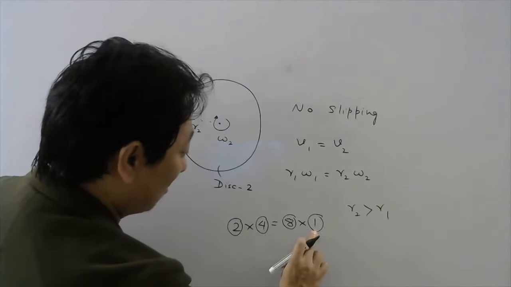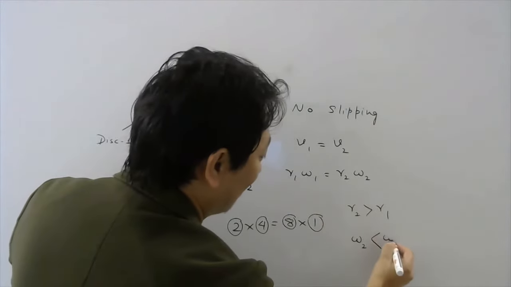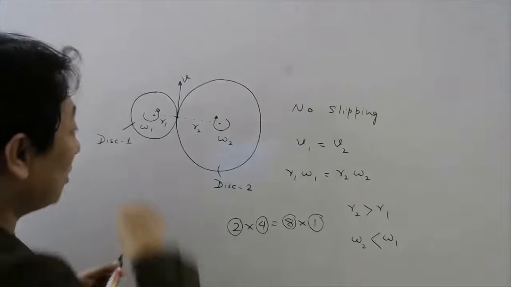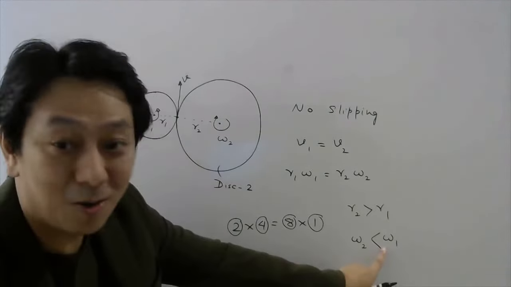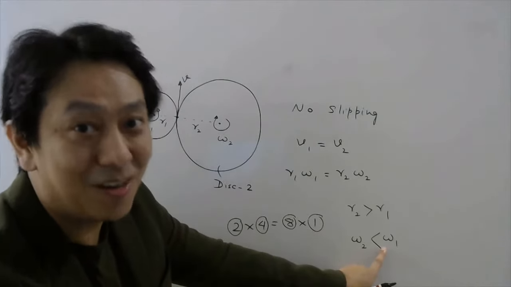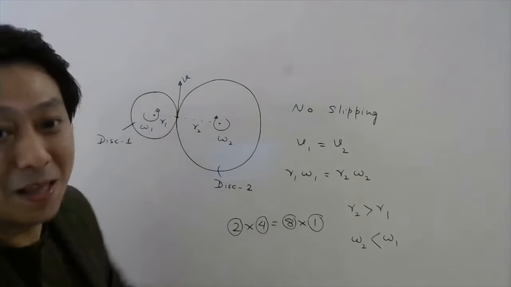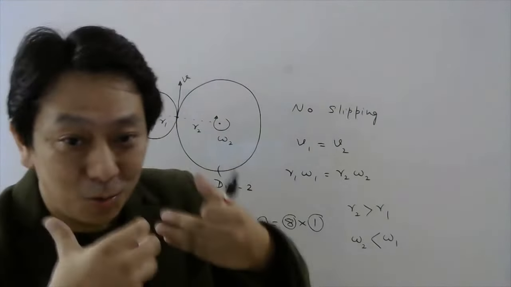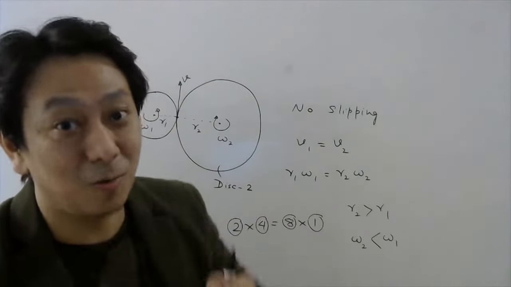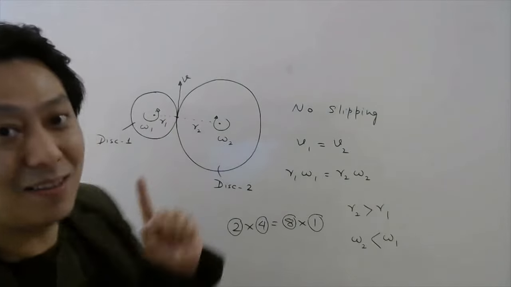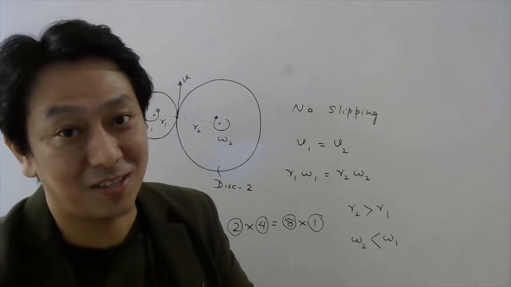Then it means this number omega 2 will be smaller than this omega 1. That means which one will be rotating faster, the smaller one or the bigger one? You can see omega 1 has greater angular speed. Therefore, this will rotate faster than this one. So keep this in mind that when two discs are in contact and they both are rotating in such a way that there is no slipping at this point, then the smaller disc will always rotate faster.